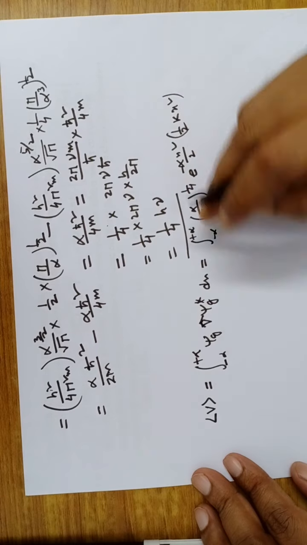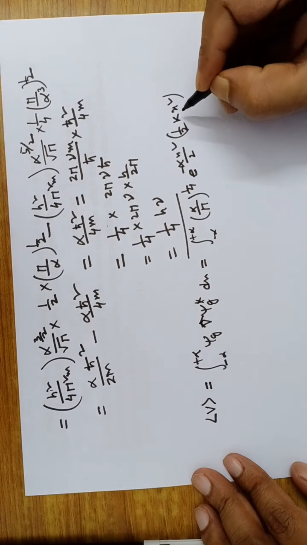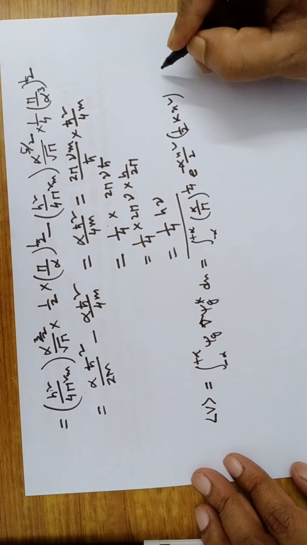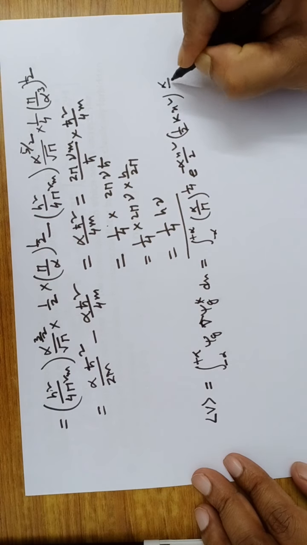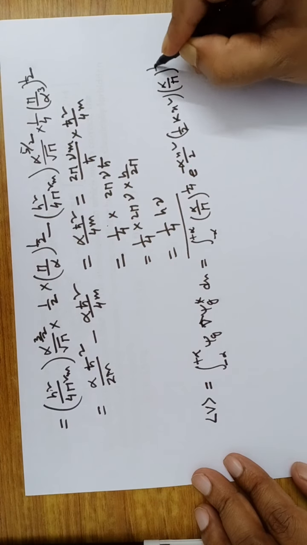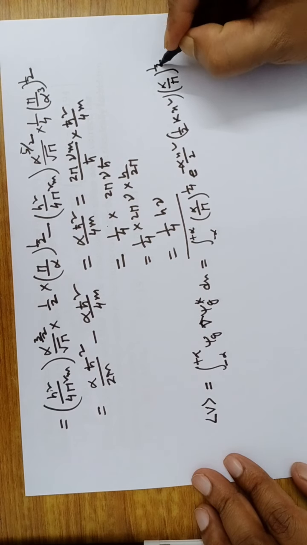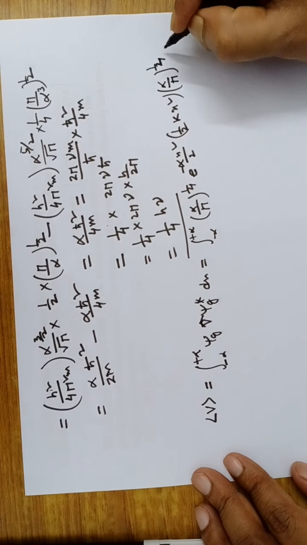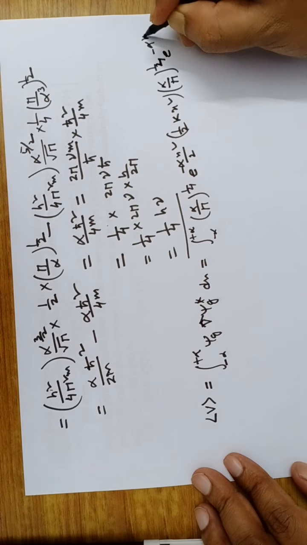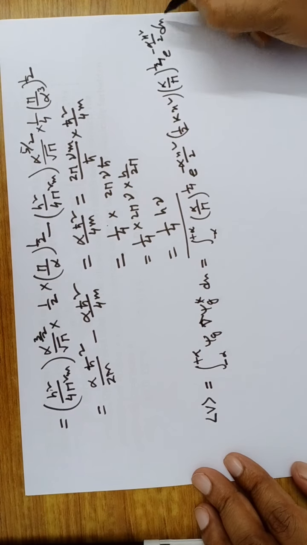Okay, value of V equal to half k x square, then alpha by pi whole to the power 1 by 4 into e to the power minus alpha x square by 2 dx.